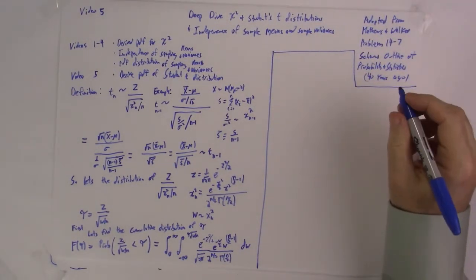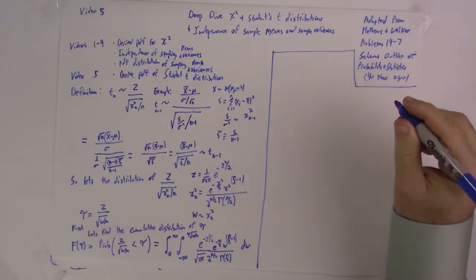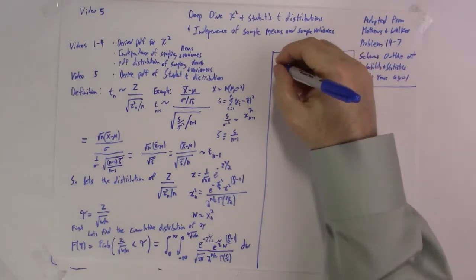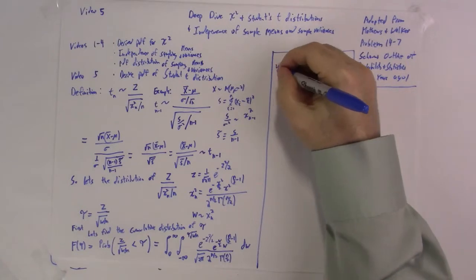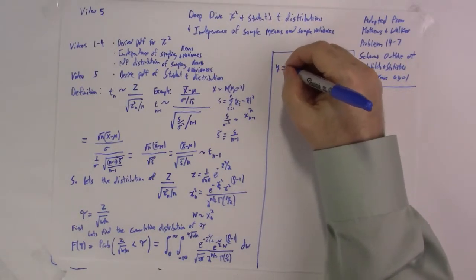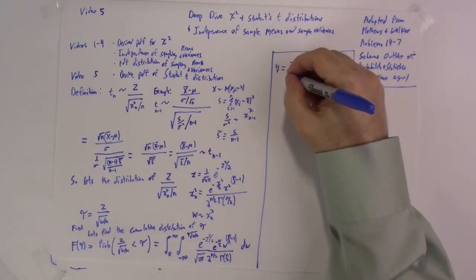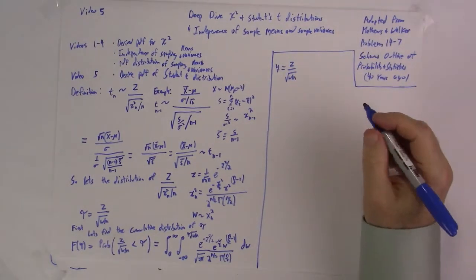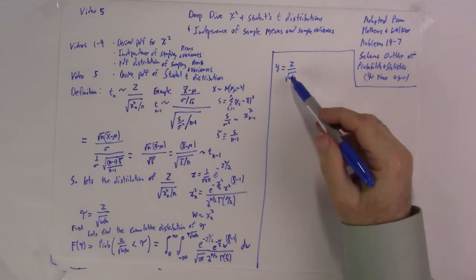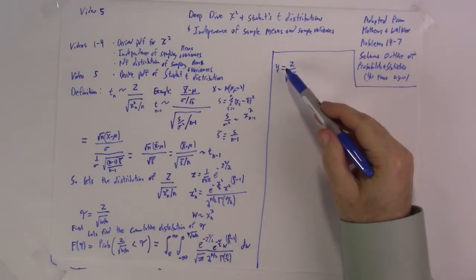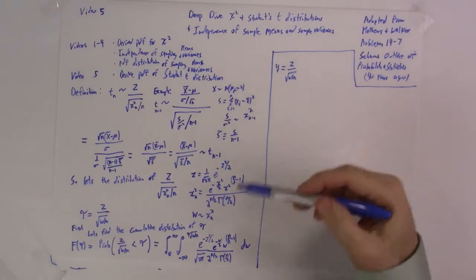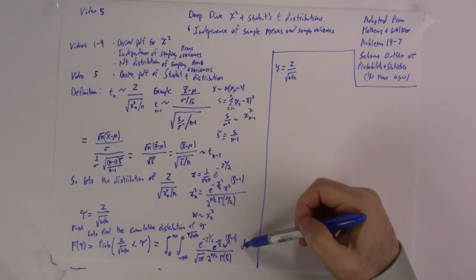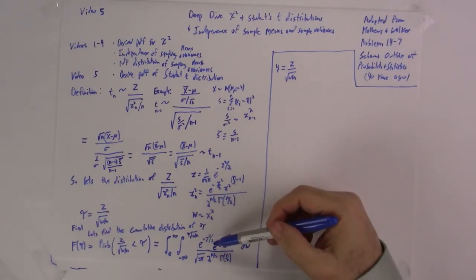First thing we're going to do, we're going to define a new variable, y equals z over the square root of w over n. In a sense we're going back to our student t variable. The outside integral won't change, but the inside integral will make substitutions.